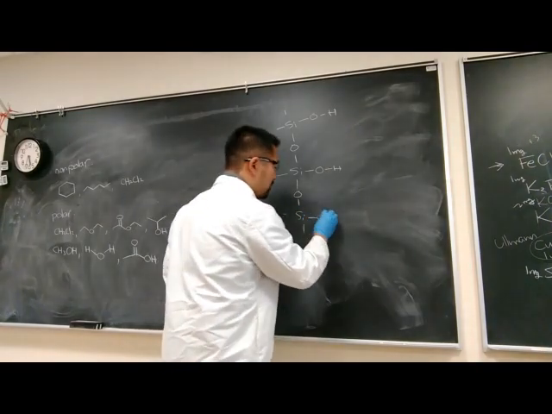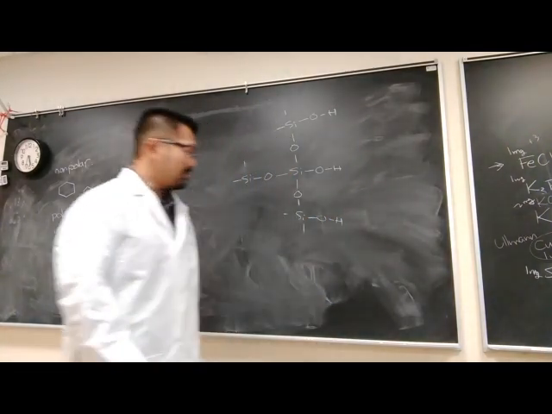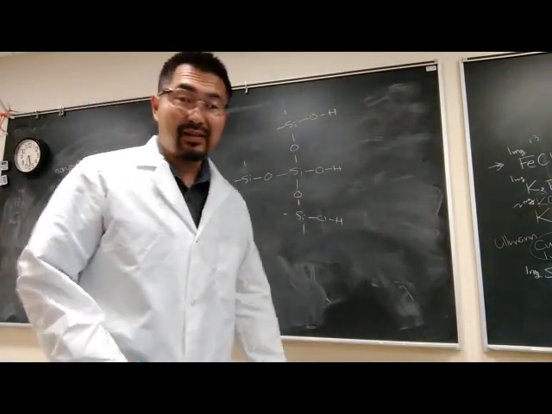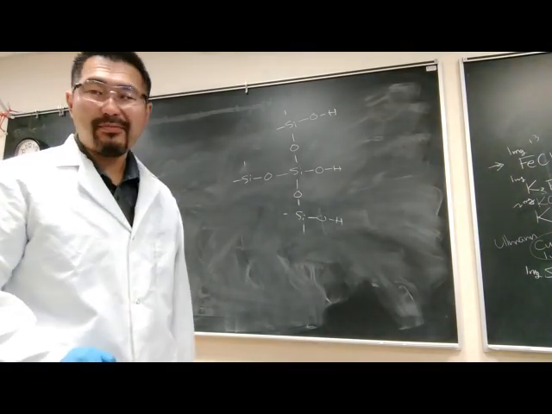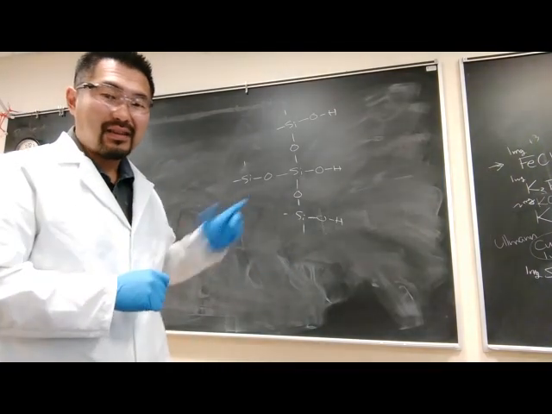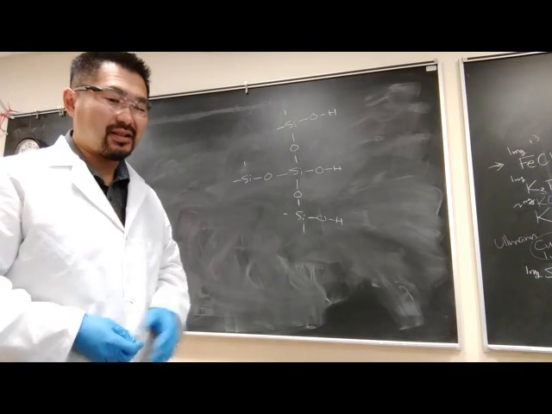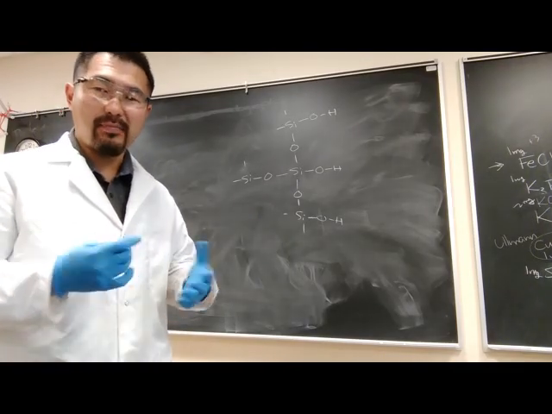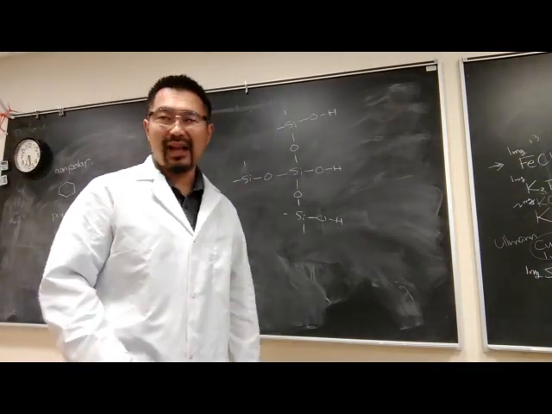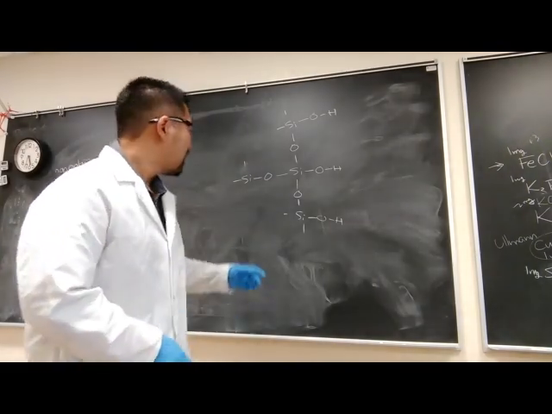The main thing I want you to know about this molecular structure is that, if you know anything about glass, this is actually glass, and silica gel really is just ground up powderized glass. That's really what it is.